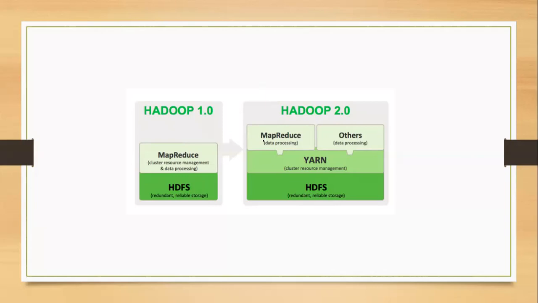We do have MapReduce for the data processing, but writing a program in MapReduce is not happening now because there are multiple services which are supporting this particular service. So we can just write in SQL or a simple Python program or Scala programs with different services. Okay, and we do have other data processing services as well.